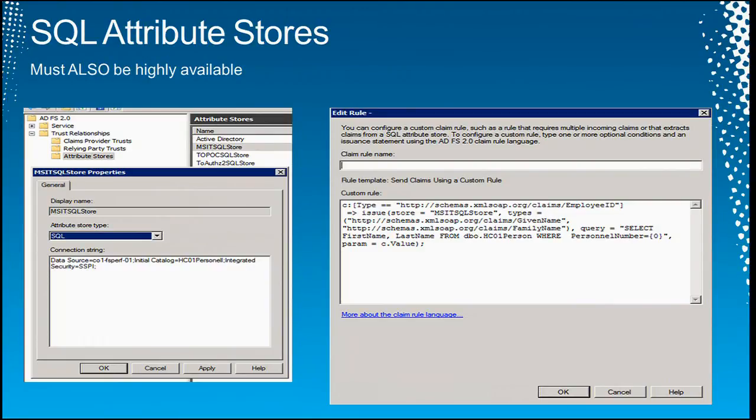And let's say that SQL database is highly available: I've got 2 clustered instances of it, so that's good. But it only physically exists in Redmond. Think about what that means when a user from Europe goes to authenticate to an ADFS-enabled application that relies on this SQL store.